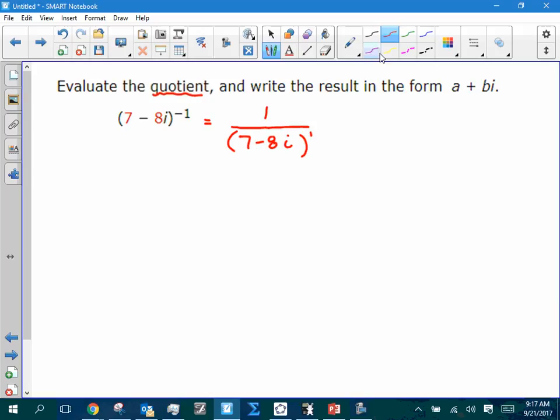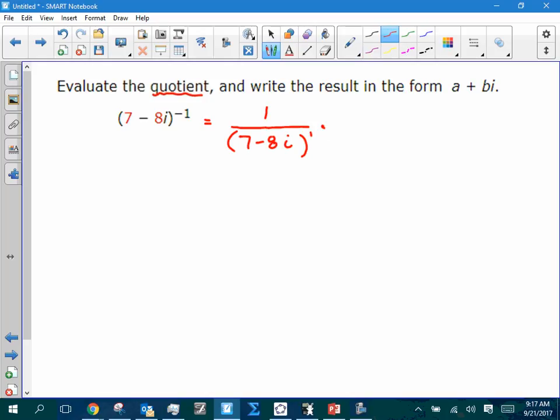So now you have a complex number divided by a complex number. Remember, I can always do this. It's kind of silly here, but plus 0i is still a complex number, right? So the whole procedure that we go through is that we have a complex number divided by a complex number. We want to make that into just one complex number instead of having two. So the division allows us to do that.